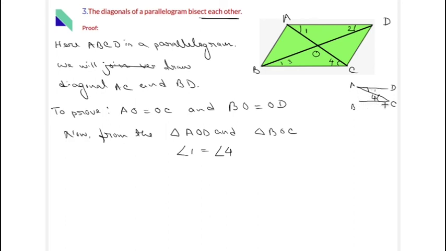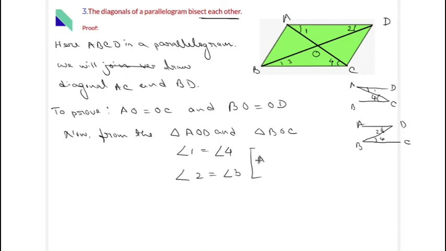Okay, very easy. Now similarly we can say that angle 2 is equal to angle 3. Why? If you draw AD and BC, AD is parallel to BC and BD is the transversal, and these two angles are alternate angles. Okay, and we know that alternate angles are equal.